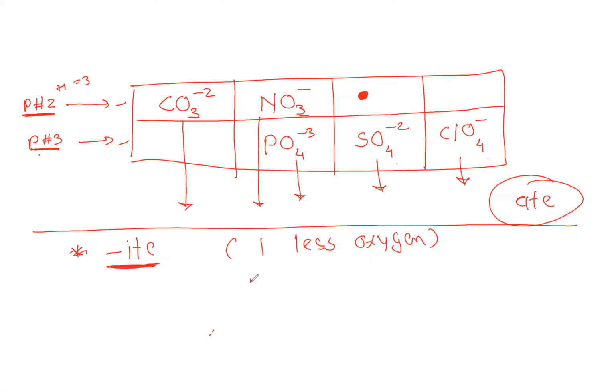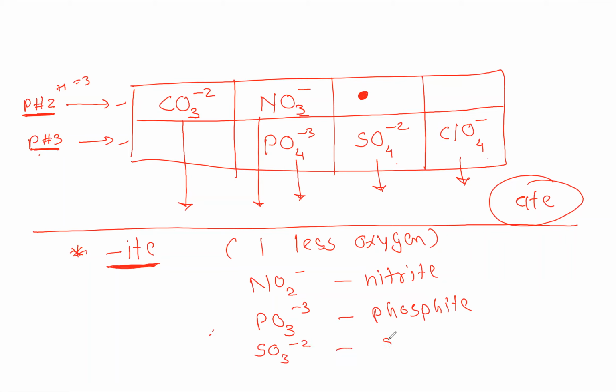If you have NO2 minus, then it is called nitrite. If you have PO3, one less oxygen, same charge, this is going to be called phosphite. If you have sulfur like SO3, one less oxygen but the same charge, we call it sulfite.